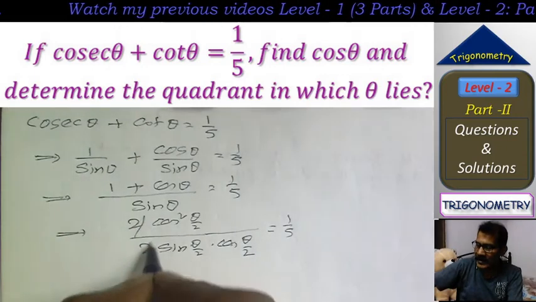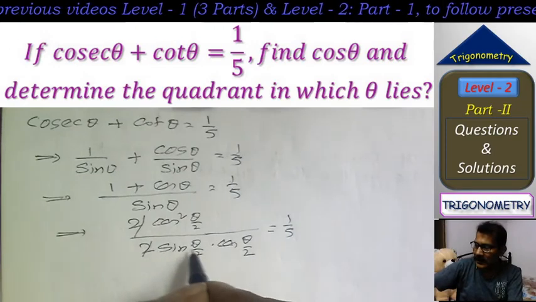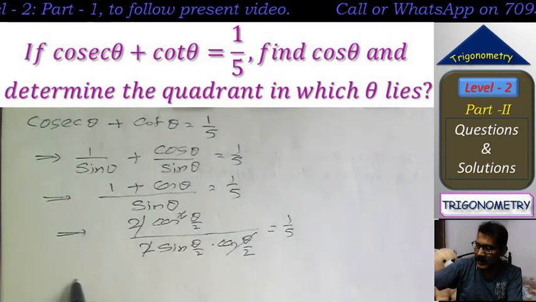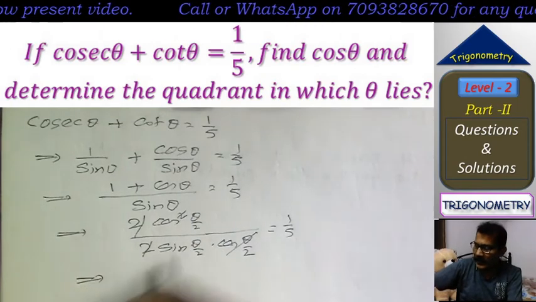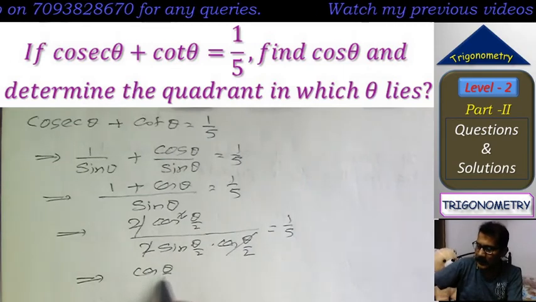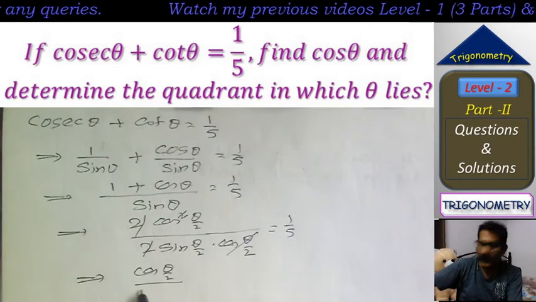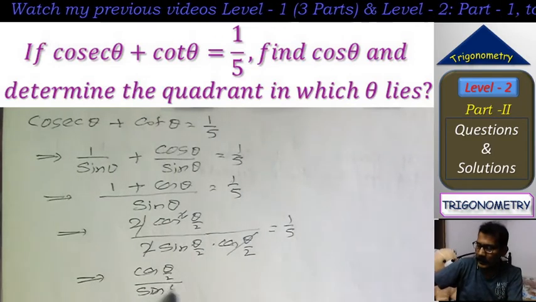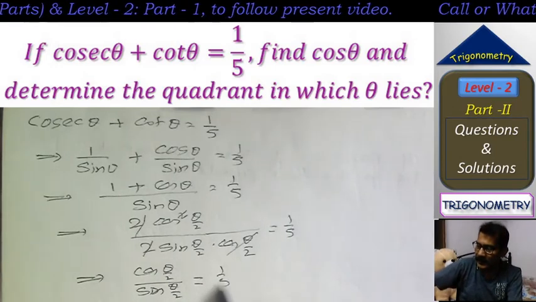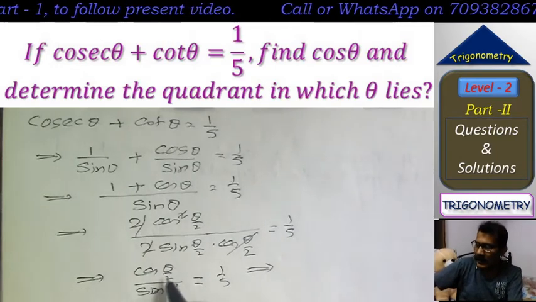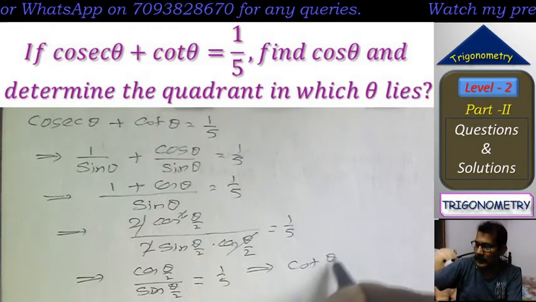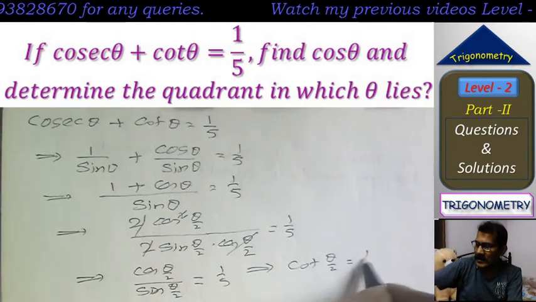Here 2 gets cancelled, and one cos theta by 2 and the square get cancelled. The remaining is what we left here, cos theta by 2 divided by sin theta by 2, is equal to 1 by 5, and further cos theta by 2 over sin theta by 2 is cot theta by 2, which is equal to 1 by 5 we got.